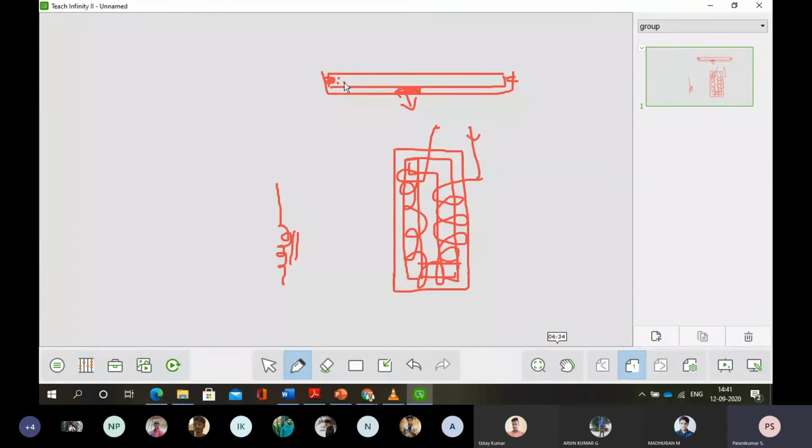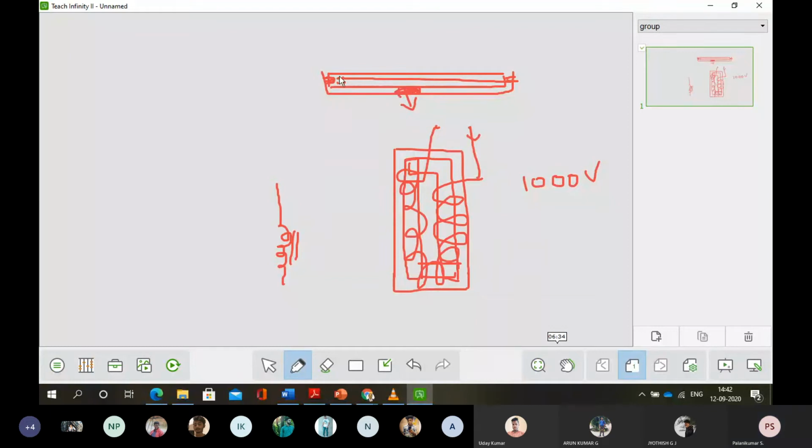So free electrons are available, and because of the high voltage, about 1000 volts induced in a fraction of a second in the choke, it suddenly gets discharged and the electrons start to reach here. That is why our tube light glows.